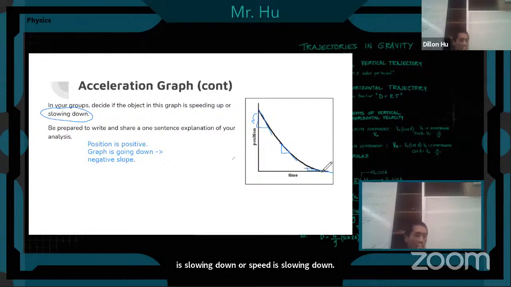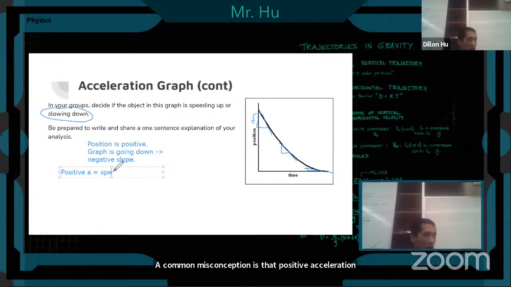The hard part is when we start thinking about which direction our acceleration is going. A common misconception is that positive acceleration equals speeding up, and negative acceleration equals slowing down. However, this is not true.